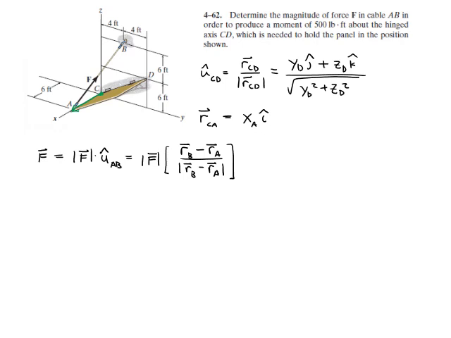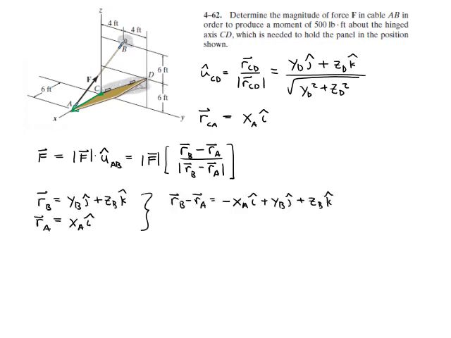Okay, so let me try to write out r_B and r_A, and then we can work out this formula for the force. I've written down vectors for B and A. B has no x component, only y and z, and A has only an x component and no y and z. So r_B minus r_A is given here.